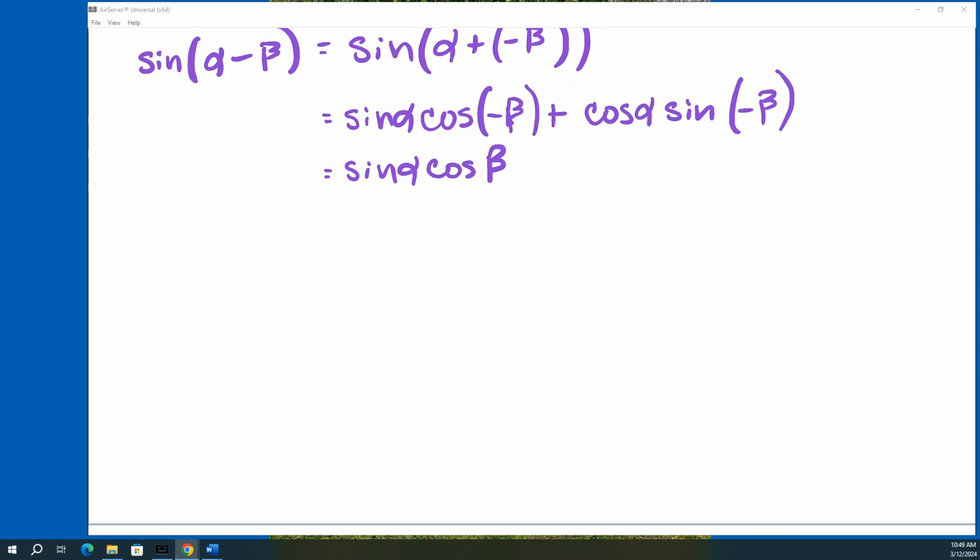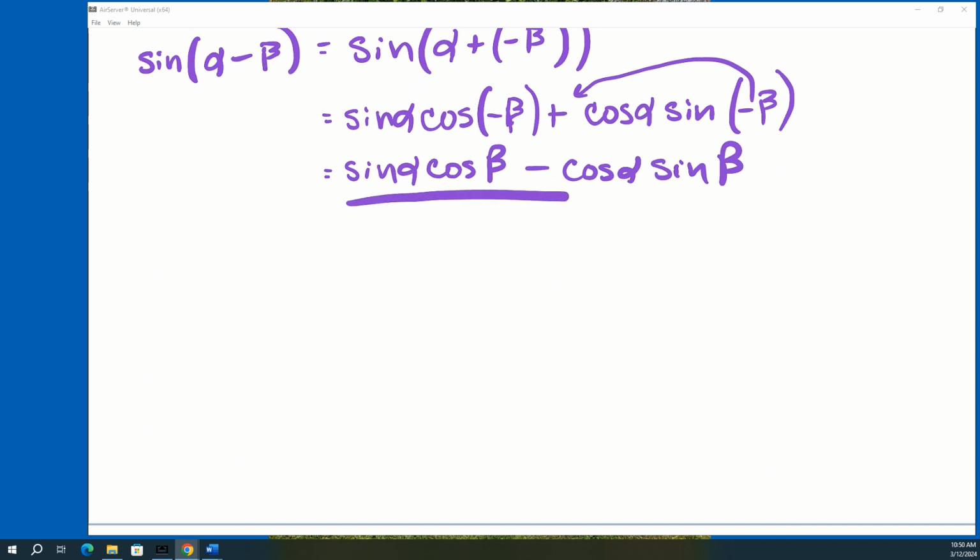What about the negative on the sine? It's going to bump out to the front, so that's going to change to minus cosine of alpha sine of beta. All right, so write that in that blank, please. For sine of alpha minus beta, read that guy.